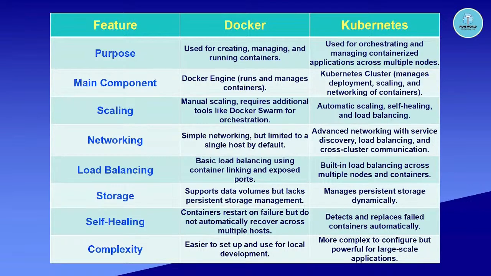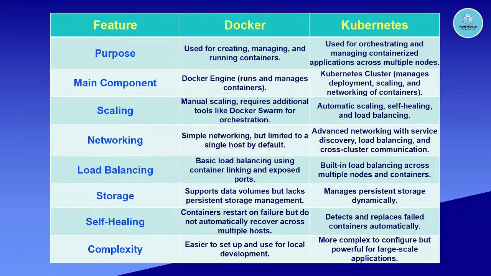When we talk about the main component of Docker, the Docker Engine runs and manages containers. Whereas in Kubernetes, there are Kubernetes clusters that manage deployment, scaling, and networking of containers. Basically, Kubernetes covers a larger area.